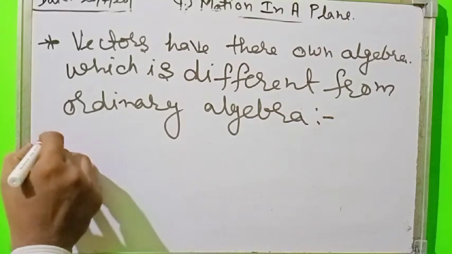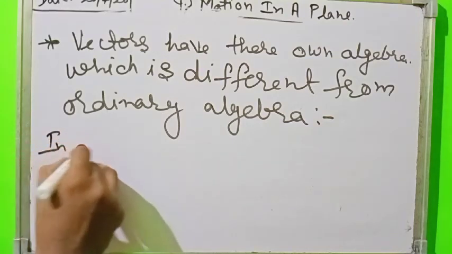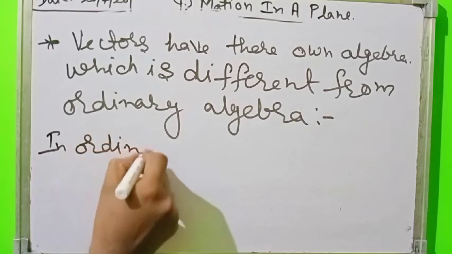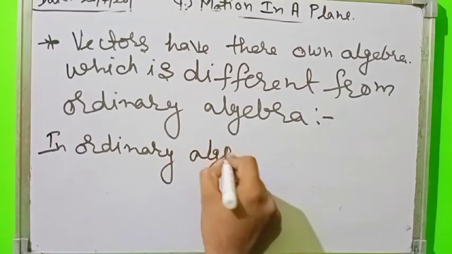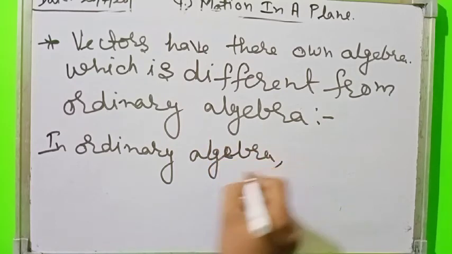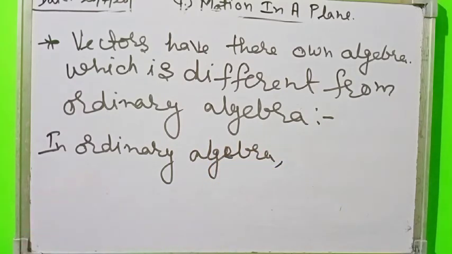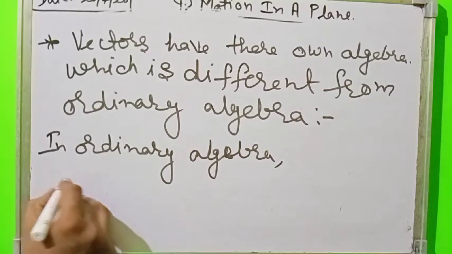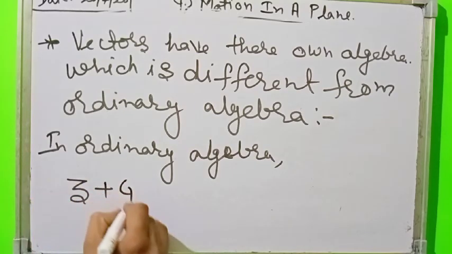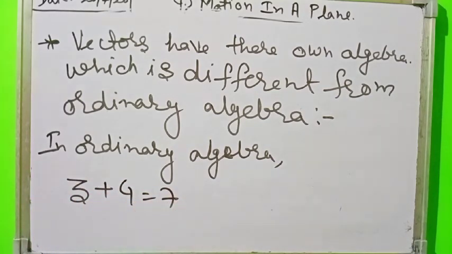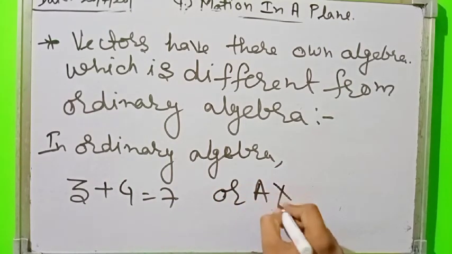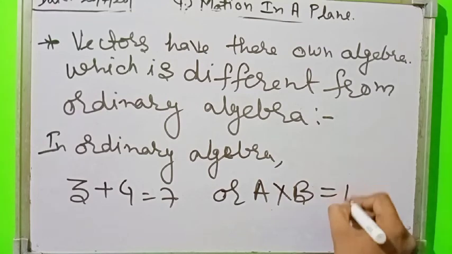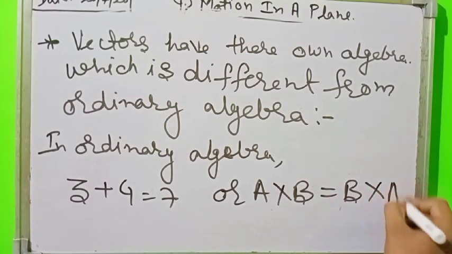As you know that in ordinary algebra, 3 plus 4 is equal to 7, or A cross B is equal to B cross A.